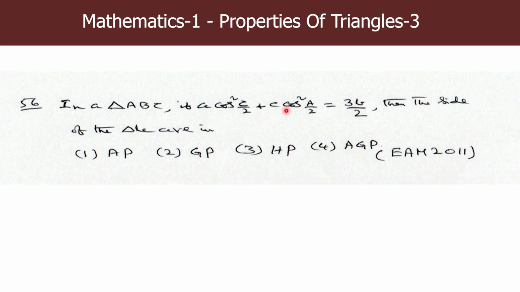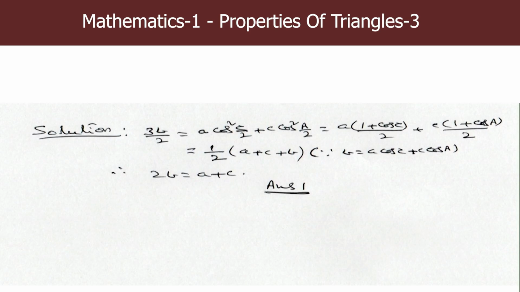Now, regarding the solution, 3b by 2 is equal to a cos square C by 2 plus c cos square A by 2. Now, you know that cos square theta is equal to 1 plus cos 2 theta by 2. So this is equal to a into 1 plus cos C by 2 plus c into 1 plus cos A by 2.